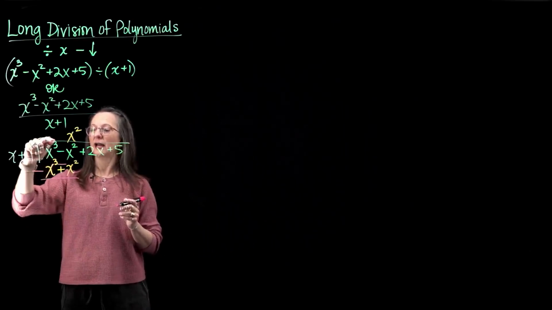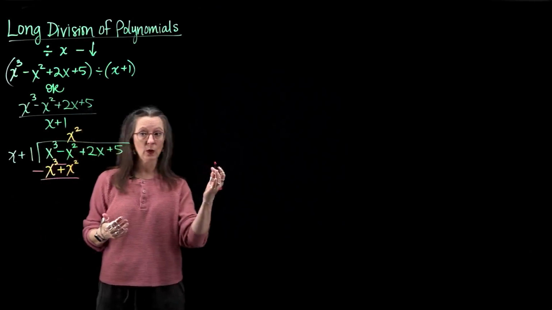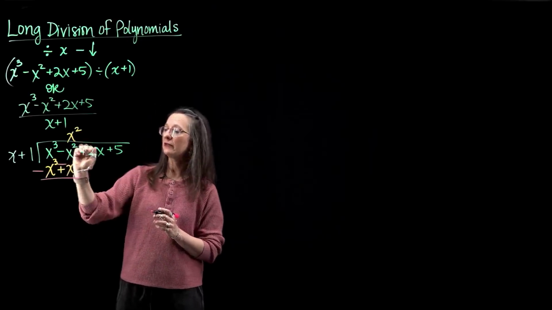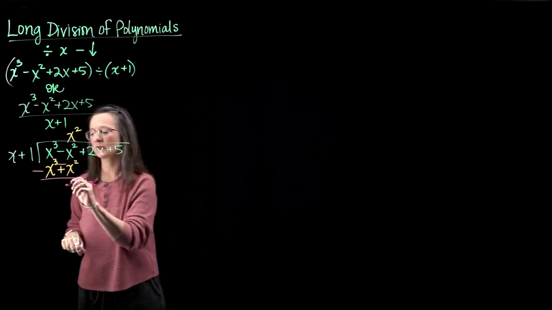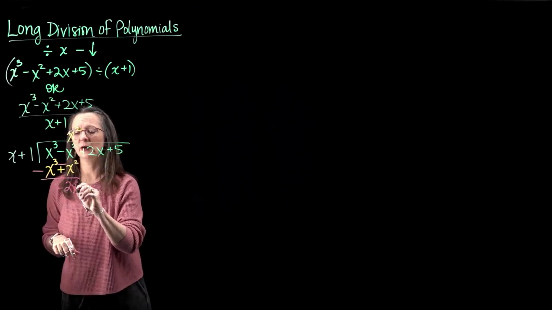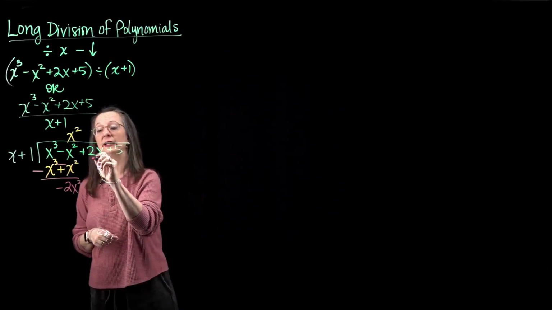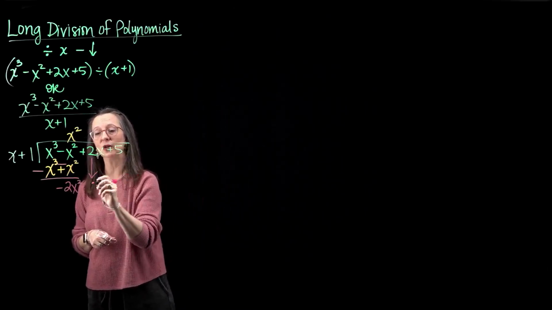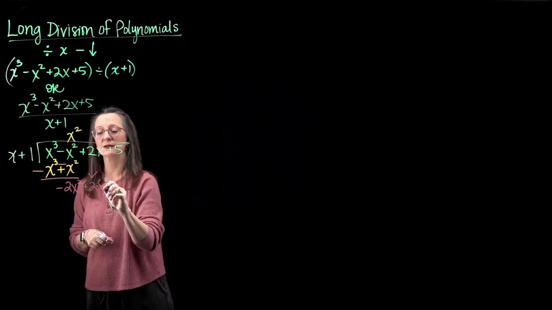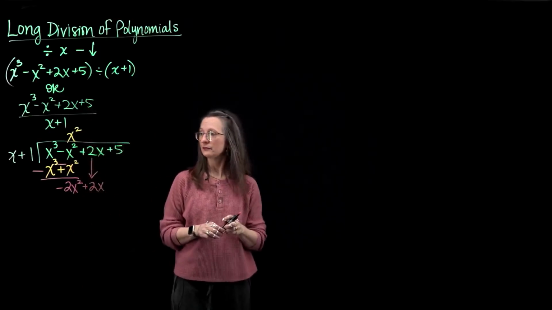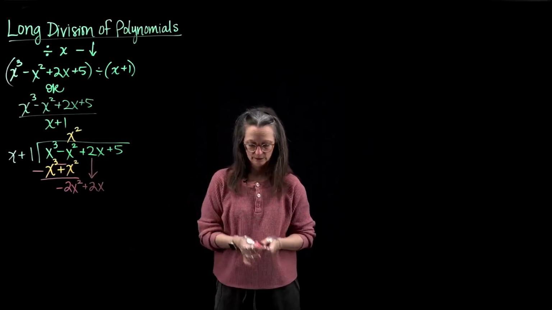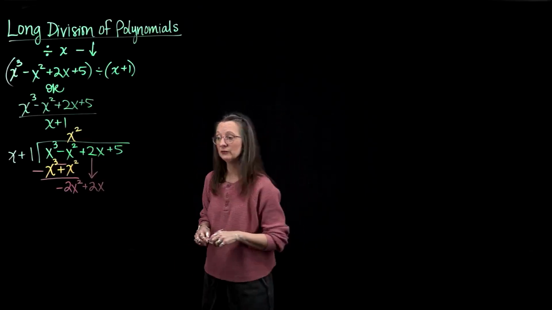All right, so I have x cubed minus x cubed is no x cubed. Negative x squared minus another x squared gives me negative 2x squared. And then finally, we're going to bring down that next term, which is plus 2x. And we start the process over.